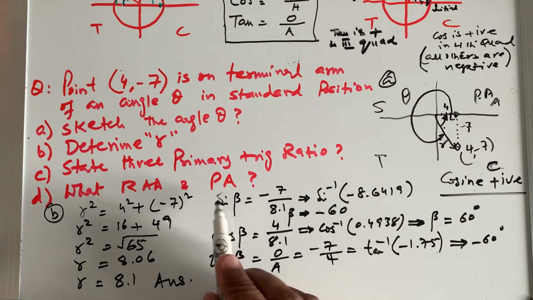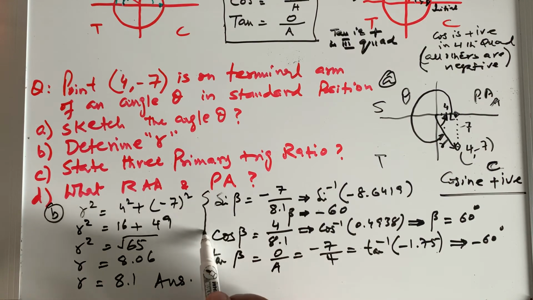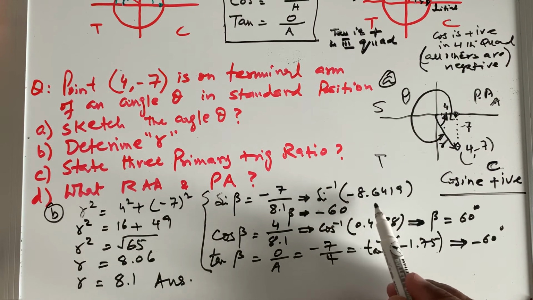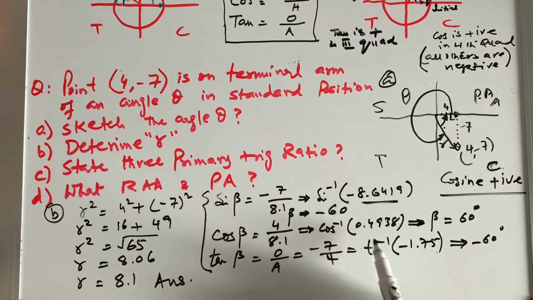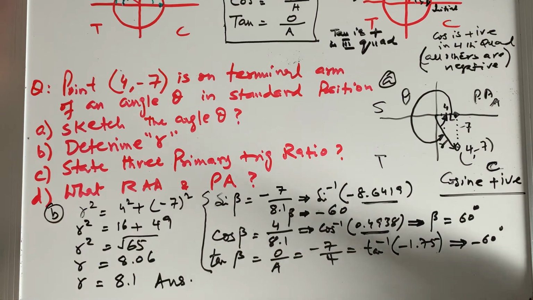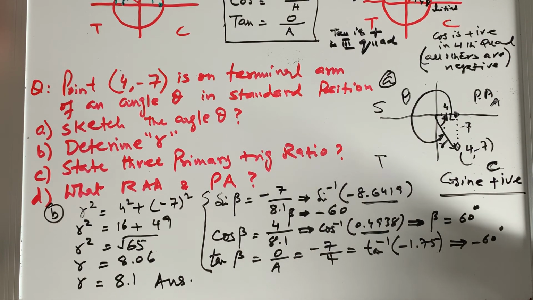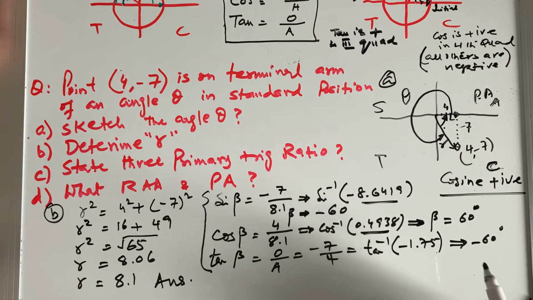So we have done our three primary trigonometric ratios. He is not asking for the beta, he is just asking for the trigonometric ratios, so you can stop here because the ratios are here. If you take it out of curiosity, beta gives you 60 degrees all the time.